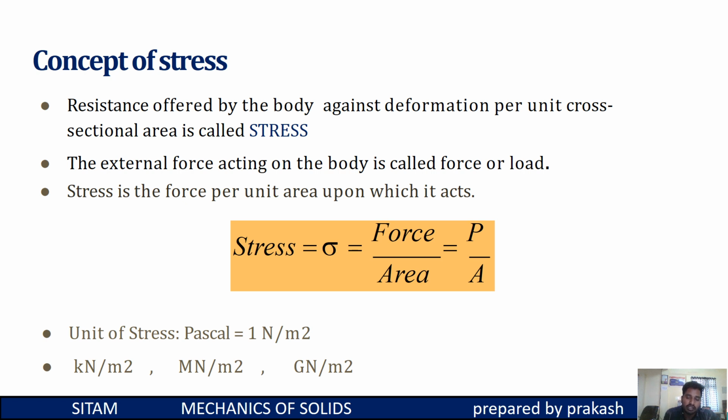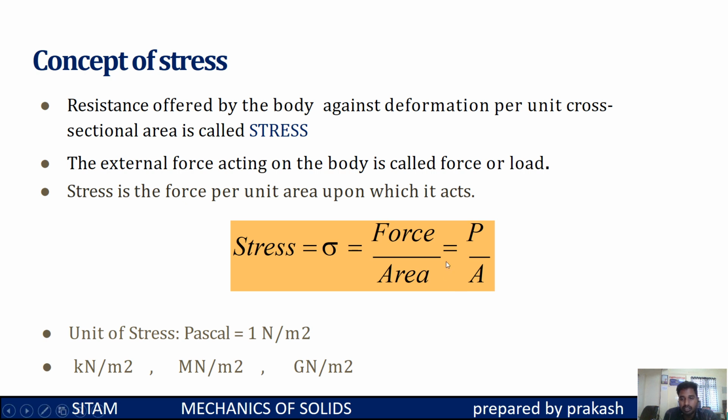So this is the formula for stress. Stress is equal to resistance force by unit area. Here the resistance force we are considering as P. Why we are considering it as P is that if the body is in equilibrium condition, the forces should be equal, so the applied force is equal to the resistance force developed by the body.